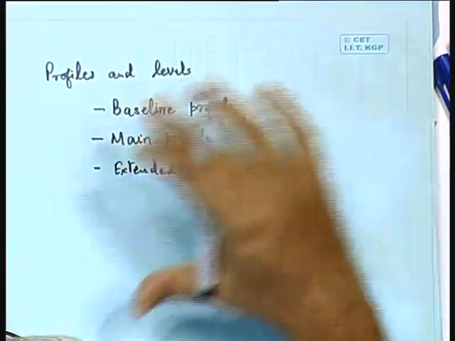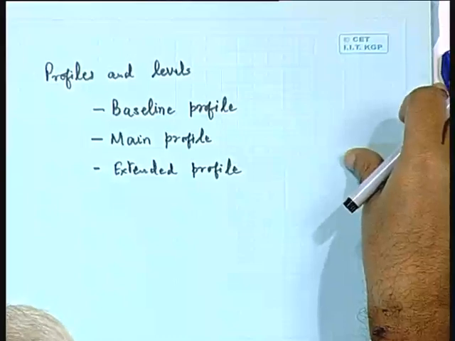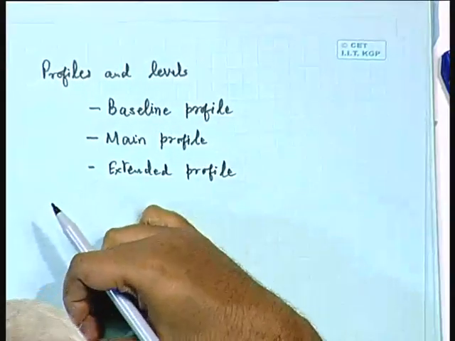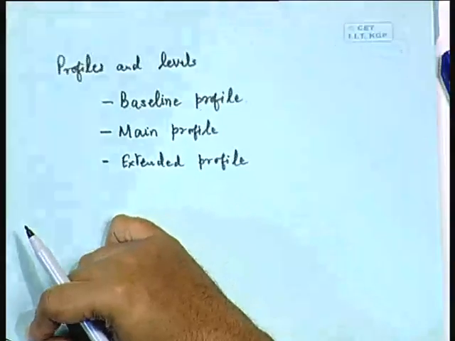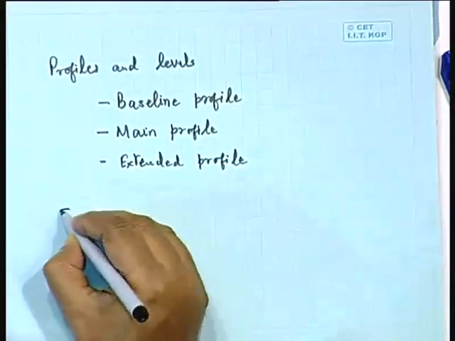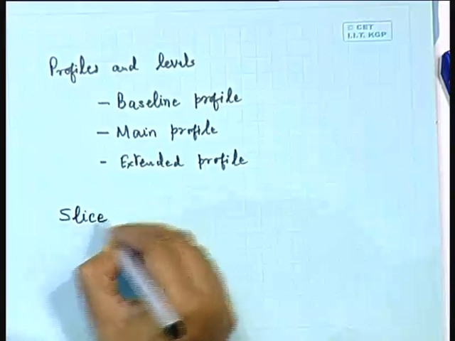Now, in the matter of profile, before we discuss how the baseline profile, main profile and extended profile characteristics are formed, it is very important on our part to introduce the concept of slices. Okay.